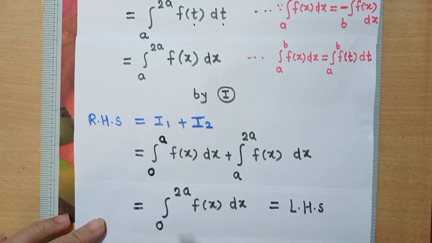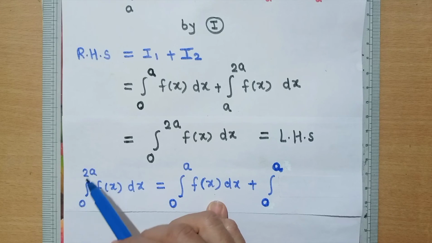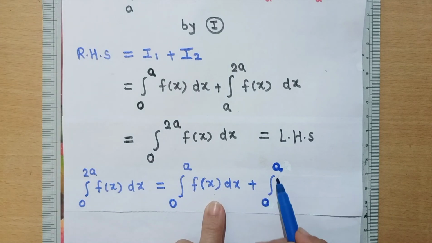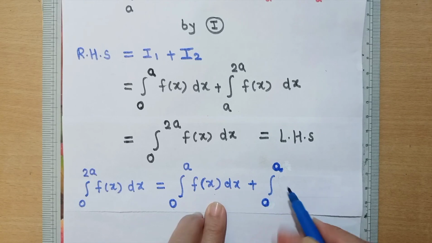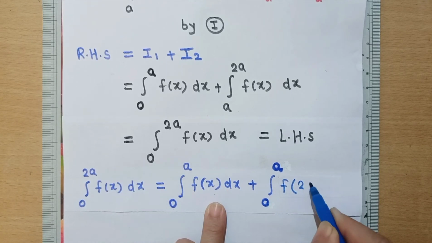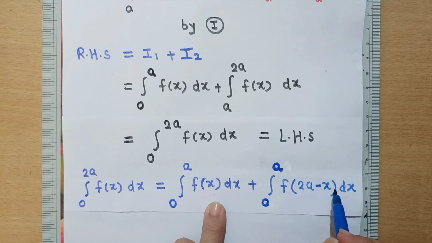So we have proved that integration 0 to 2a f(x) dx is equal to integration 0 to a f(x) dx plus again integration 0 to a f of, here write down this upper limit 2a, then subtract variable x, dx, that is f of 2a minus x dx.